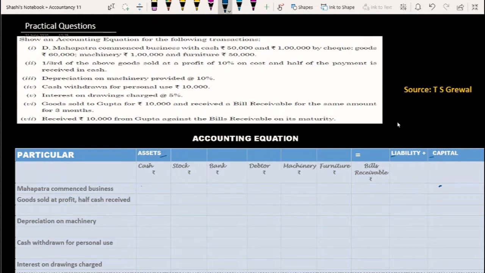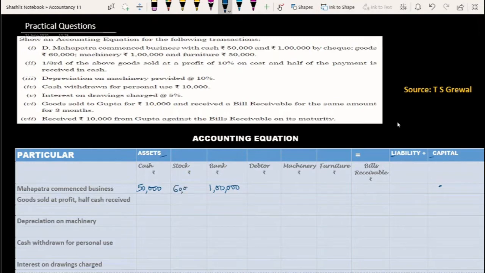Now starting with the first transaction, which says that Mahapatra has commenced the business with cash and kind. So we are going to write each one separately. Cash is 50,000, so we are going to write this in the cash column. Next is a check of 1 lakh. So we are assuming that this amount of check is deposited into the bank. Then there are goods of 60,000.